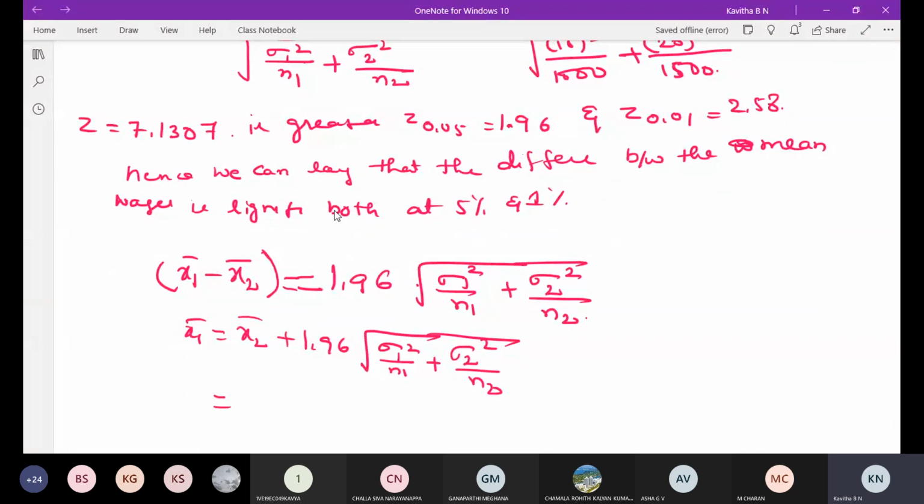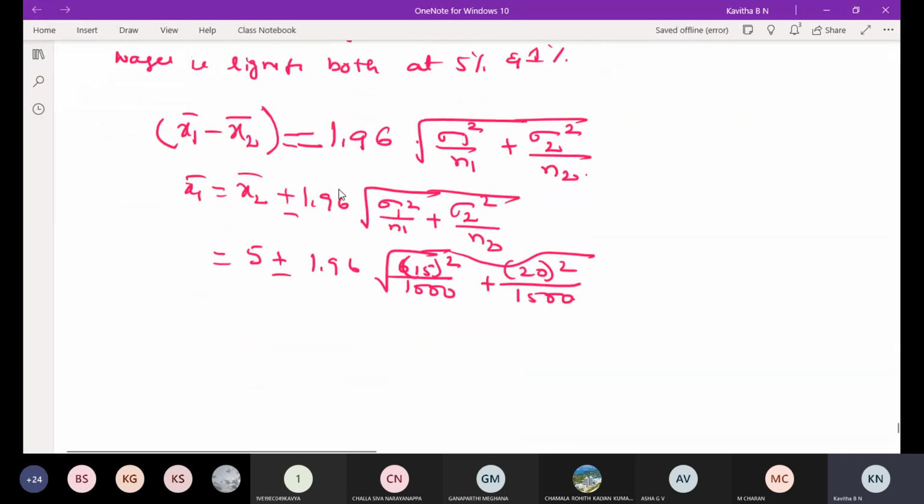Here x1 bar minus x2 bar is 5, plus or minus 1.96. Substitute here: sigma 1 square is 15 whole square by n1 which is 1000, plus sigma 2 square, 20 square, whole divided by 1500.